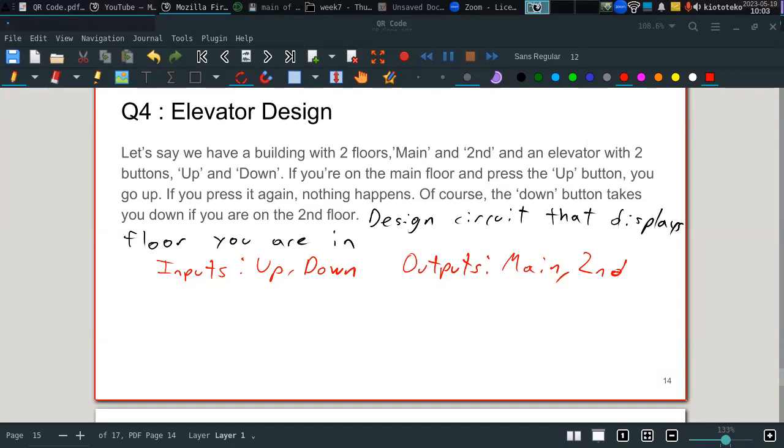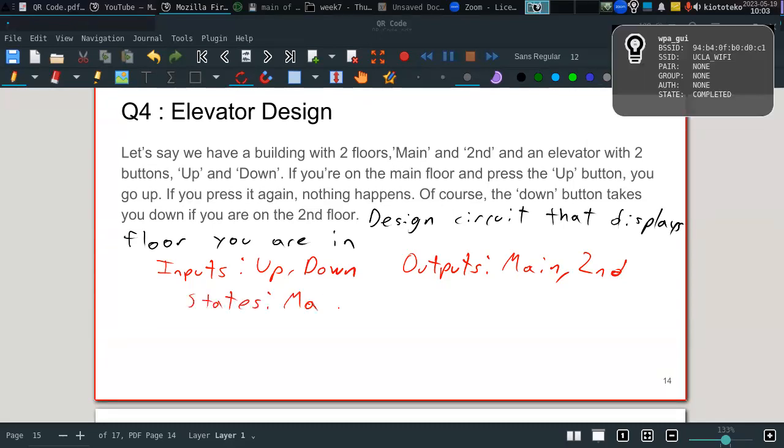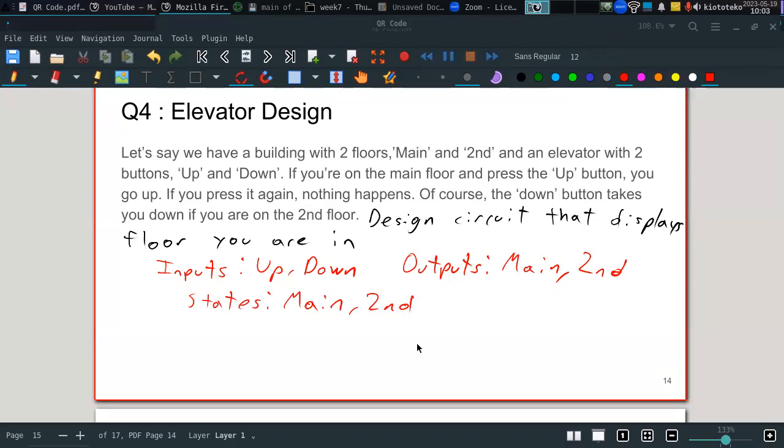How many states do we need to represent? Can anyone guess? Yeah. The states are equal to the outputs, no? We are already doing that. So we can just use a Moore machine.